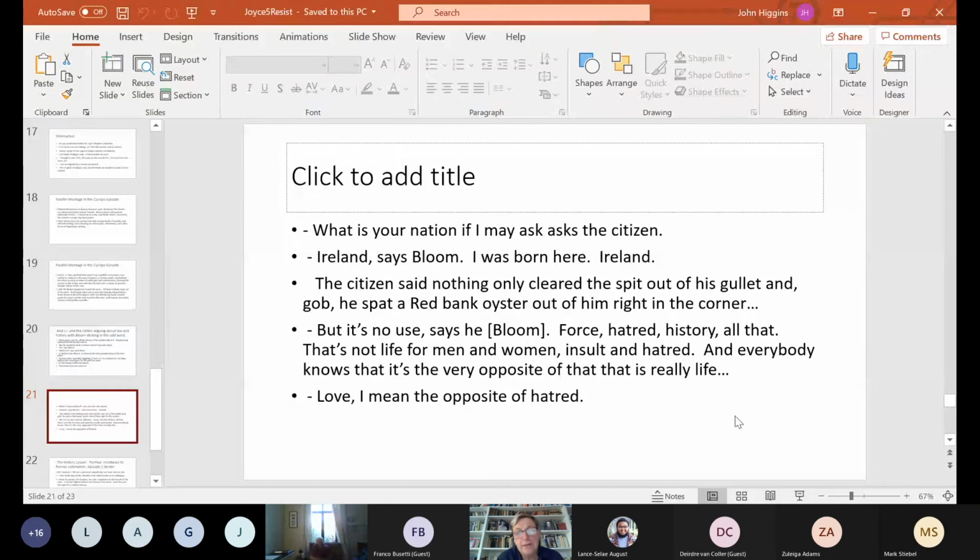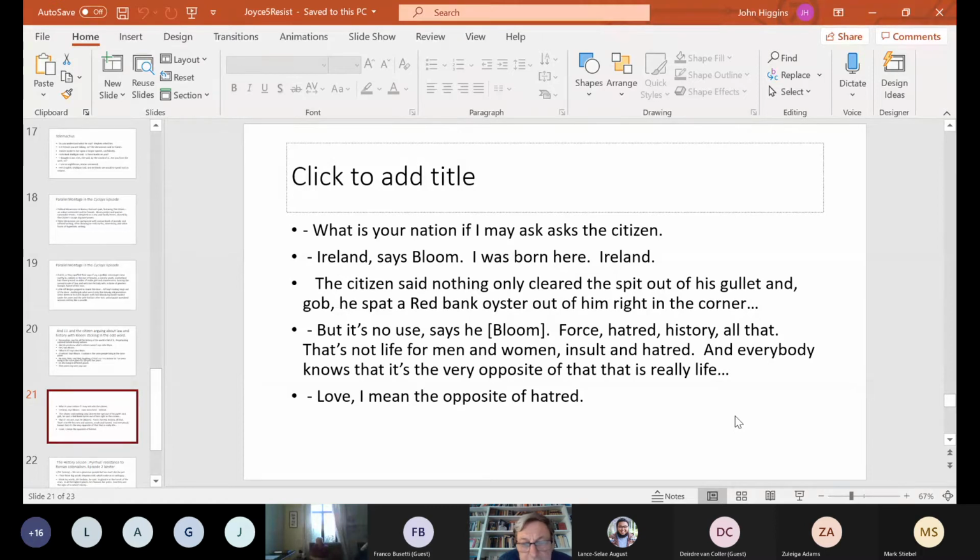What is your nation, if I may ask, asks the citizen. Ireland, says Bloom. I was born here, Ireland. The citizen said nothing, only cleared the spit out of his gullet, and gob, he spat a red bank oyster out of him right in the corner.